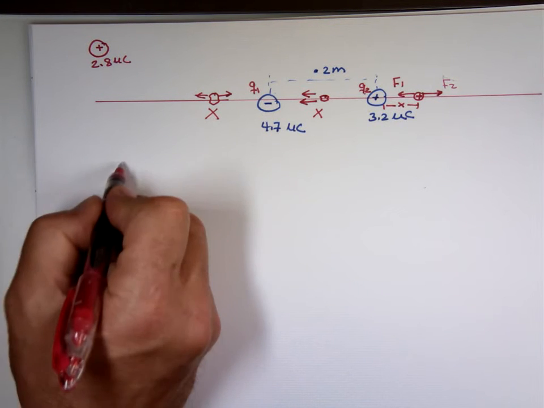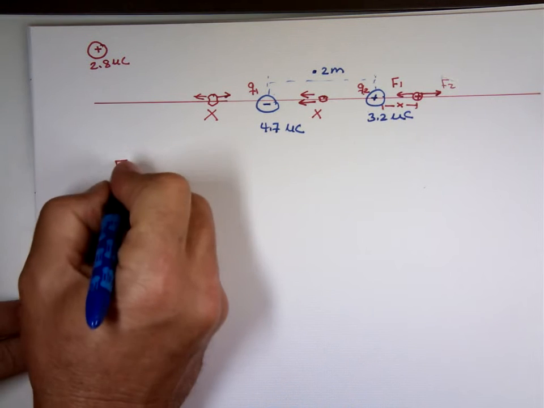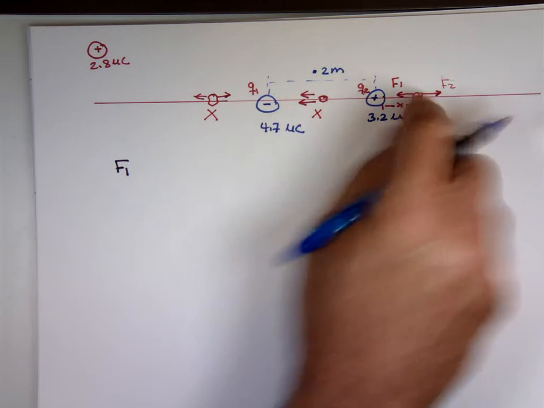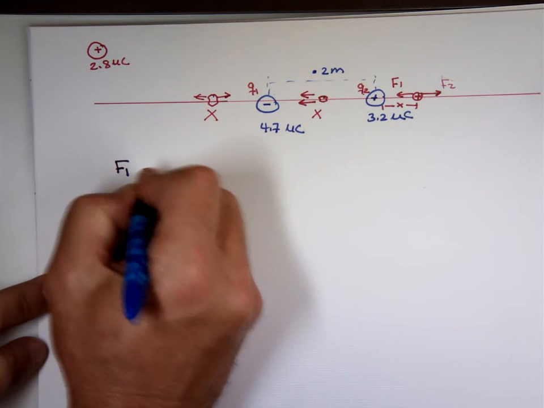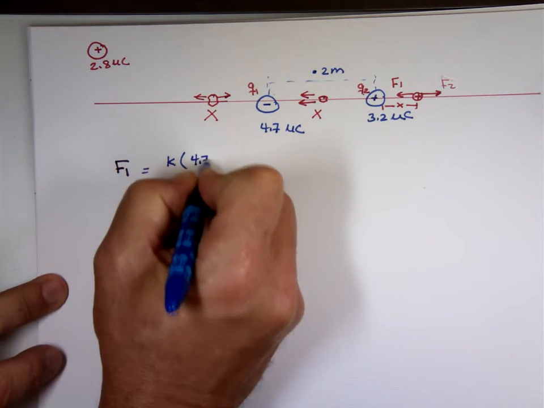What is F1? F1 is the effect of this charge on the one you're putting there. So the value is going to be K times, what is Q1? 4.7 micro. I'm going to just write micro.